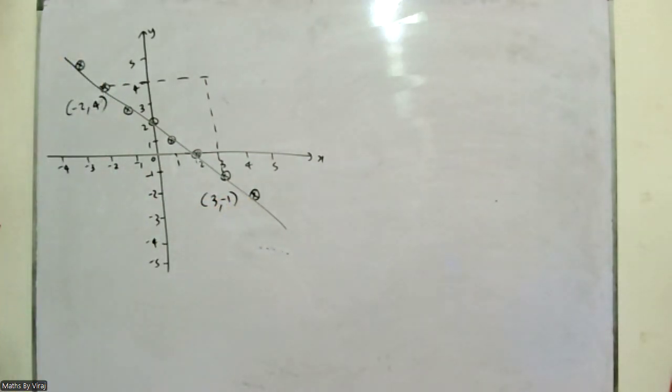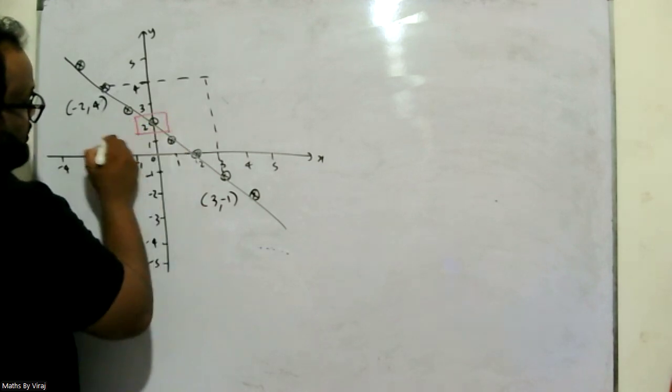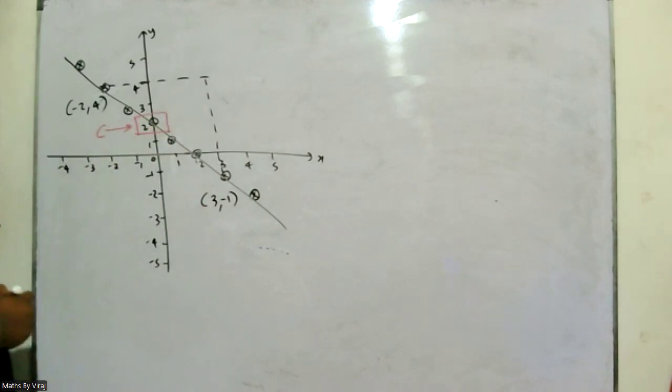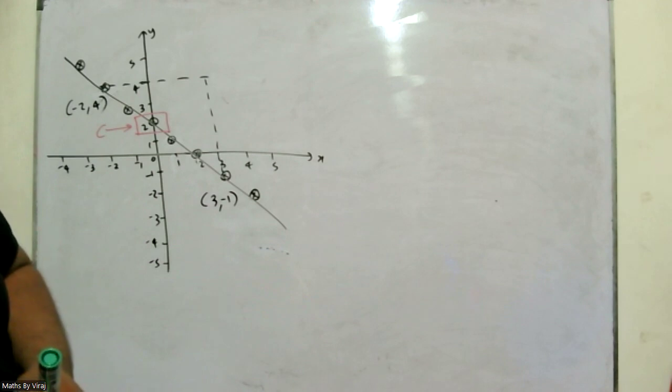By the look of this, we should know that the graph is having a negative gradient. Now the point where the graph cuts the y-axis, what is it? At 2. Right? So C is equal to 2.